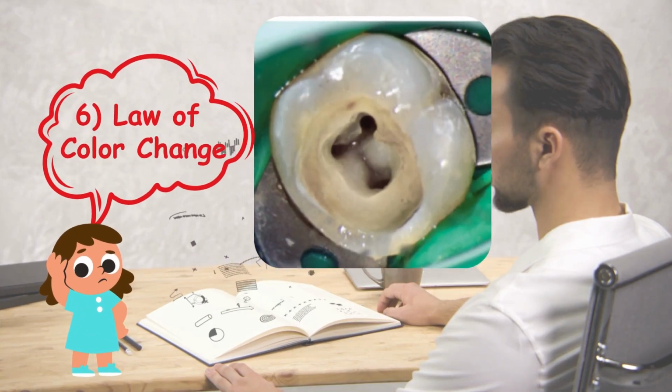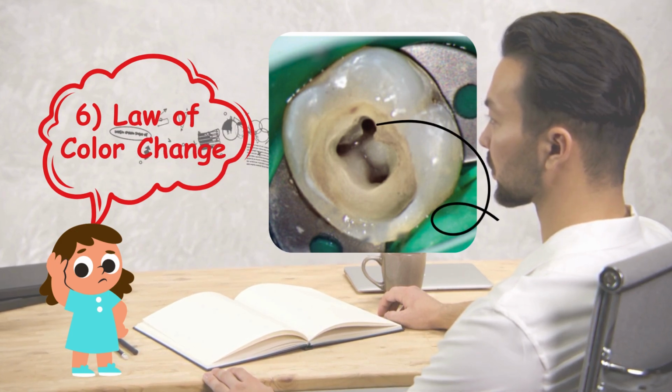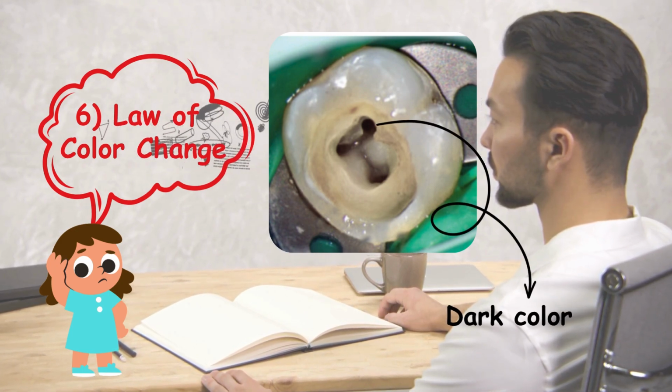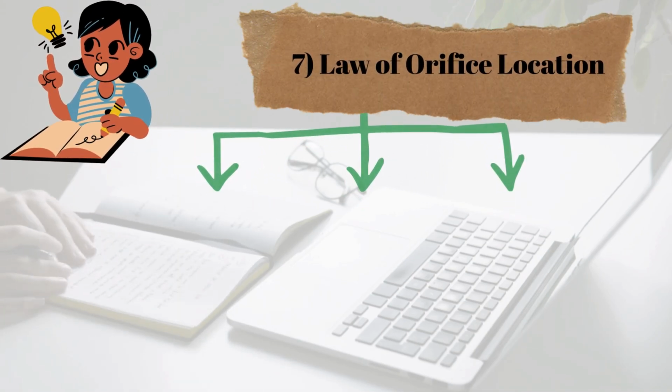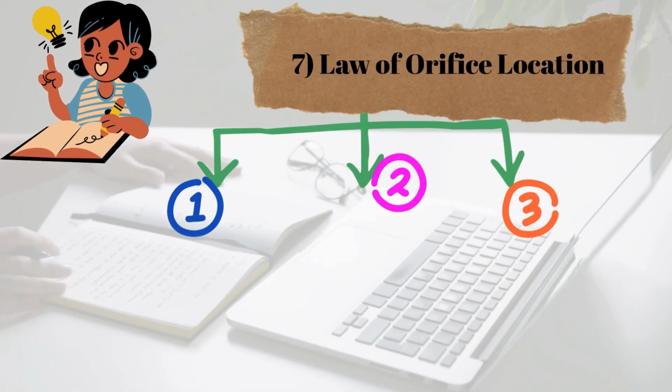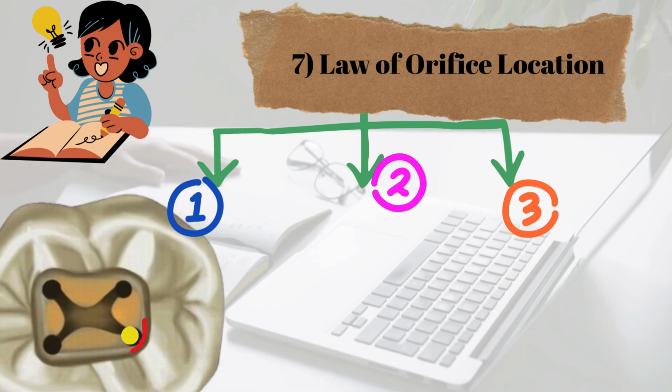The sixth law is the law of color change, which states that the color of the pulp chamber floor is always darker compared to its wall. Next is the law of orifice location 1, which states that orifices are located at the junction of pulp chamber walls and the floor.